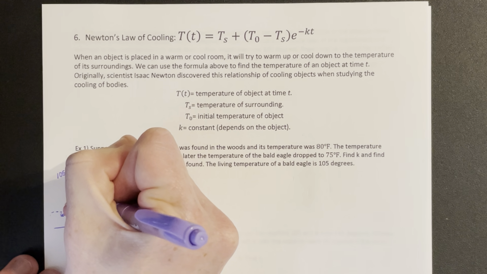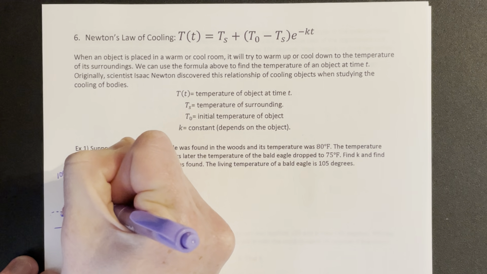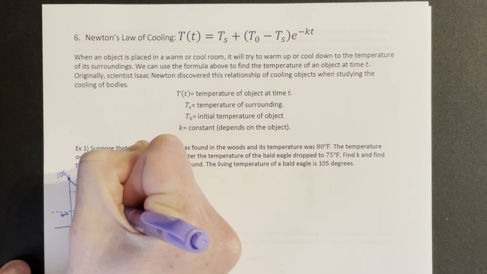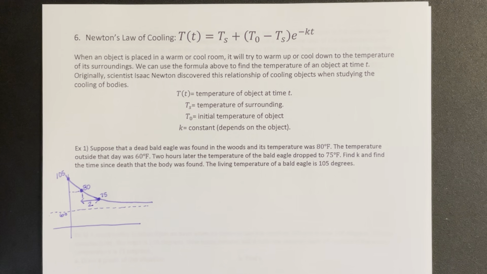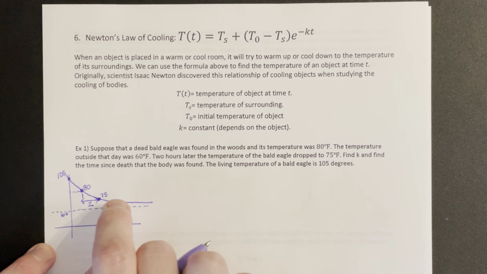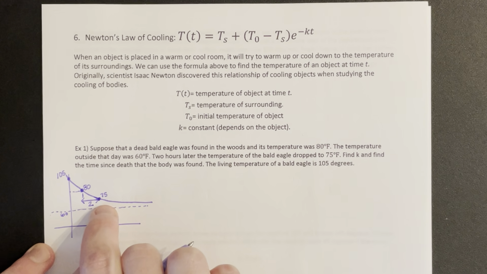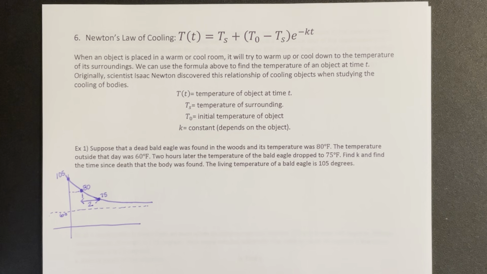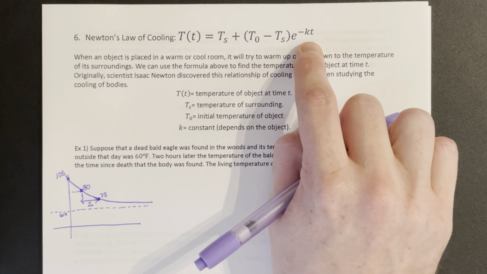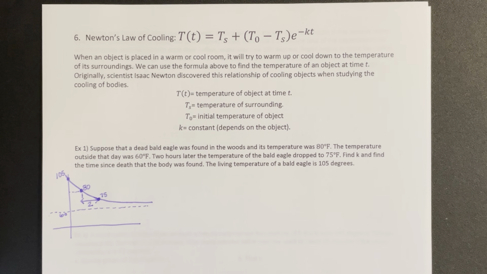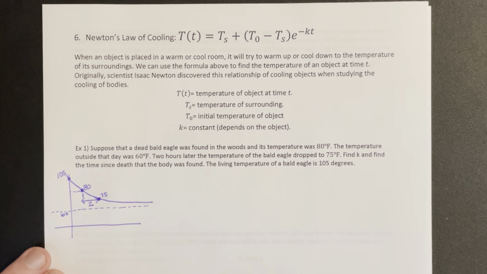This is the important part: we know that the time frame between here and here is 2 hours later. We need two temperatures and the time between them to get that k that's a constant. There's going to be a lot of algebra to solve this, but let's see what we have when we're plugging this in.